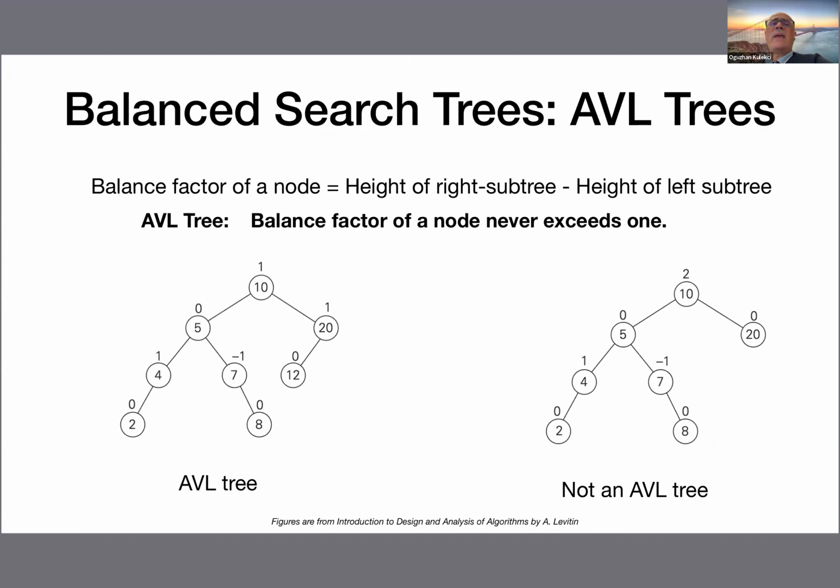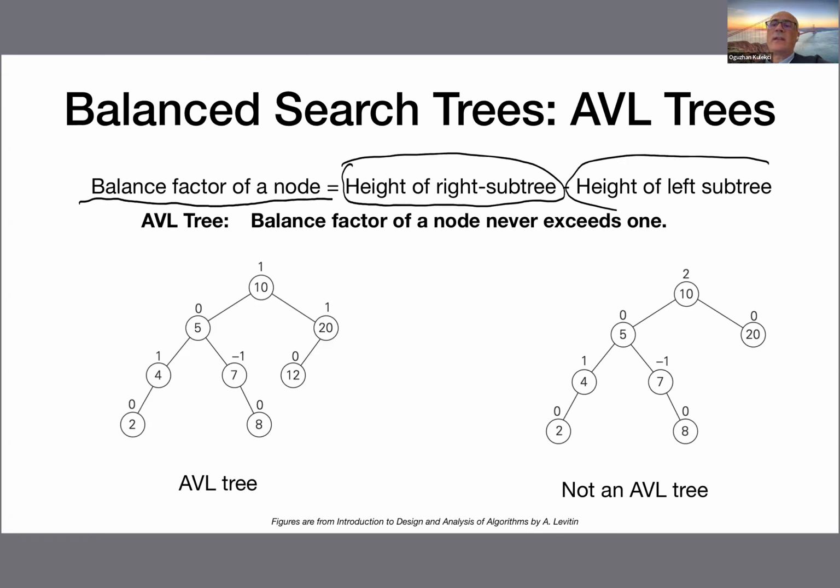And how do we do it? With the AVL trees, first of all, I would like to introduce the balance factor of a node. You see the balance factor here. What we mean is the difference between the height of the right subtree and the height of the left subtree of a node.